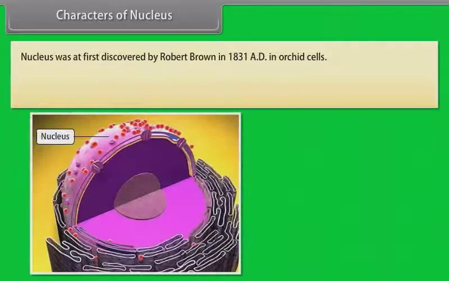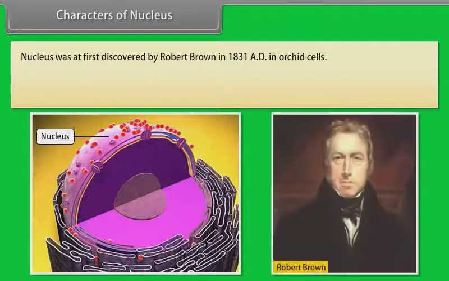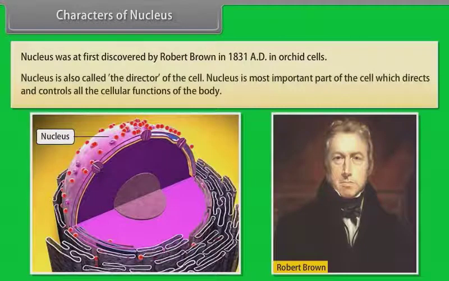Characters of nucleus. Nucleus was at first discovered by Robert Brown in 1831 AD in orchid cells. Nucleus is also called the director of the cell. Nucleus is the most important part of the cell, which directs and controls all the cellular functions of the body.